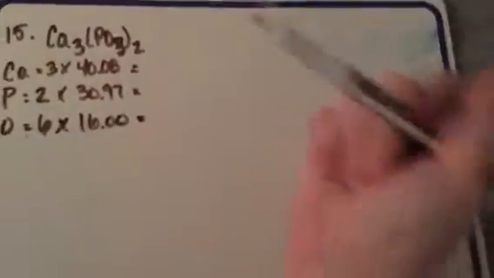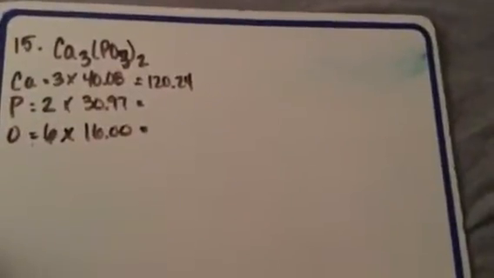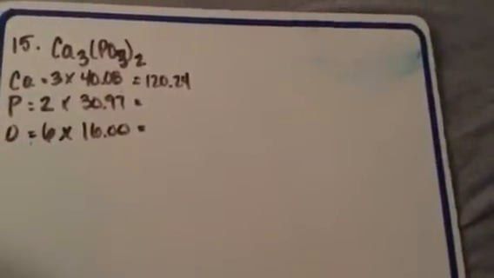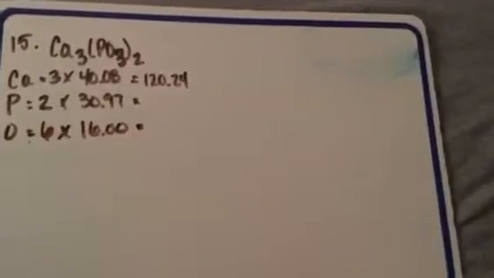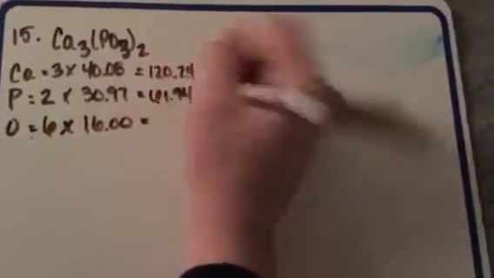So we have 3 times 40.08, and that becomes 120.24. 2 times 30.97 becomes 61.94.